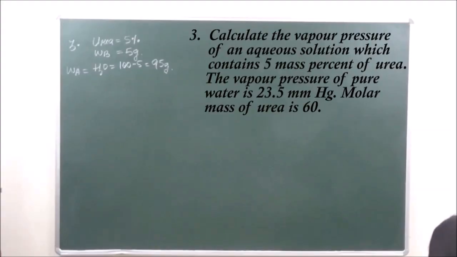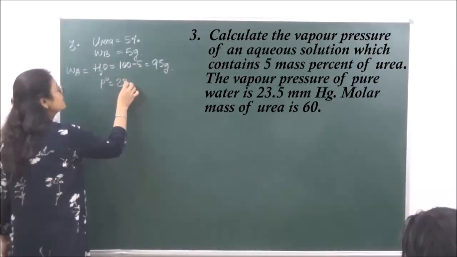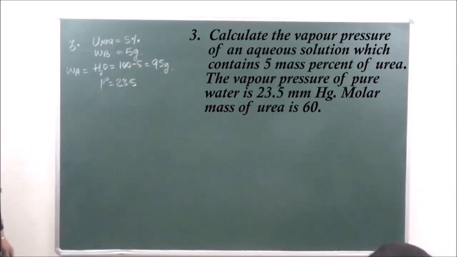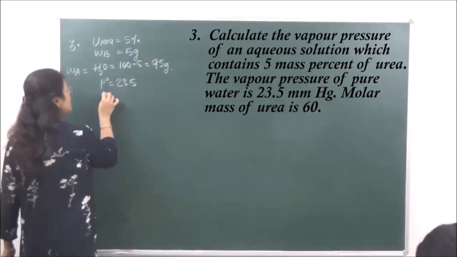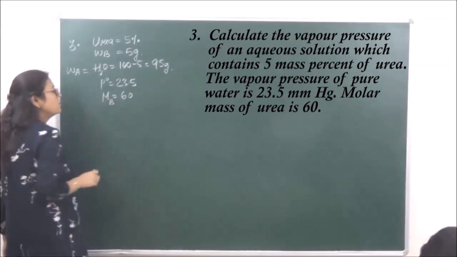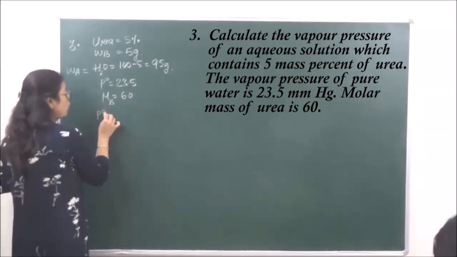Then next what are they saying? The vapor pressure of pure water is 23.5. So P naught is also given as 23.5. Right? And molar mass of urea is 60. So vapor pressure of an aqueous solution, PS, we have to calculate in this question. Let's put the law again.